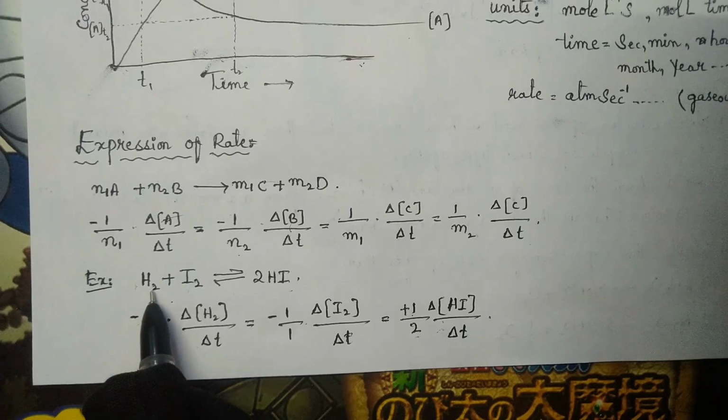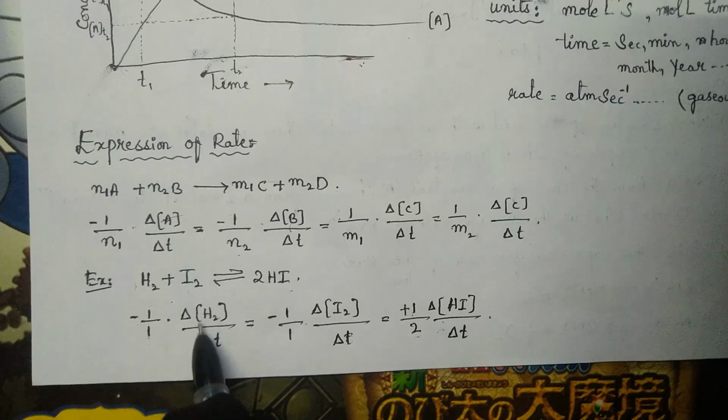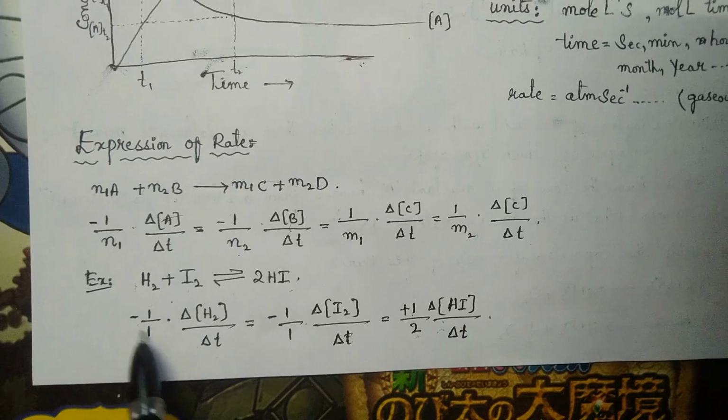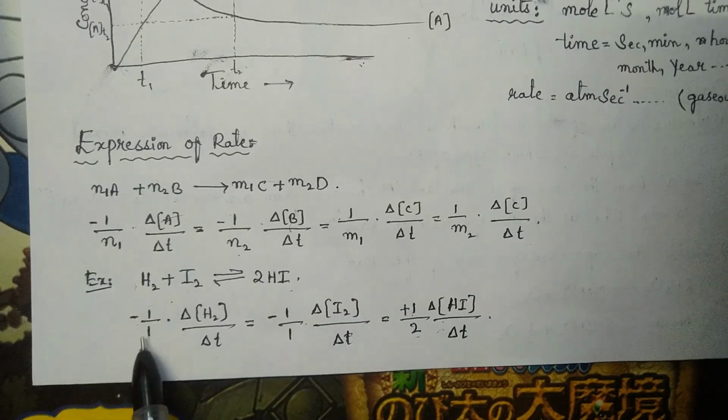Minus 1 by number of moles of H2, which is 1, so minus 1 by 1 into delta of concentration of H2 by delta T. Okay, so minus 1 by 1 is nothing but minus 1 only, and minus 1 into delta of concentration of H2 by delta T means minus delta of concentration of H2 by delta T. For understanding I am writing minus 1 by 1, and minus 1 by 1 is nothing but minus 1 only. 1 mole of H2 is present, that's why I am writing 1 here.